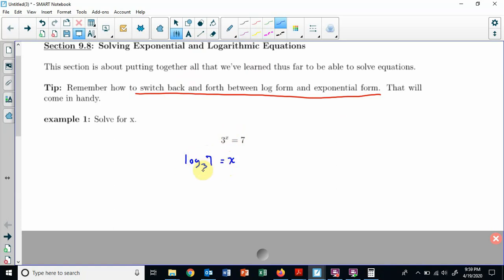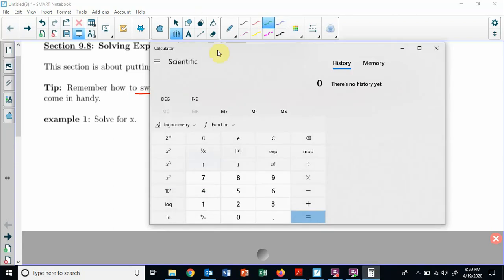And then, I can find this value from our last lesson. I know that I'm going to want to use the change of base formula to be able to type this in my calculator. So it'll be common log base 10 of 7 over log base 10 of 3, top log, bottom log. And that will give me the value. So I have my calculator pulled up here.